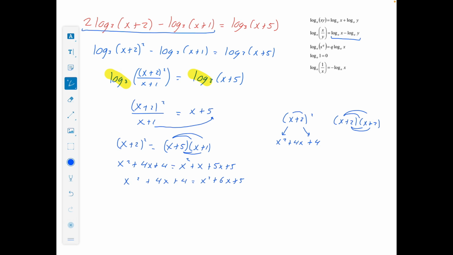Now I see I have an x squared at both sides of the equal to sign, so they are just going to cancel each other out. Both of those x squareds will go. Then I'm left with 4x + 4 is equal to 6x + 5. Bring x's to one side, numbers to the other side. So I'll have minus 2x is equal to 1. So x is equal to minus a half.